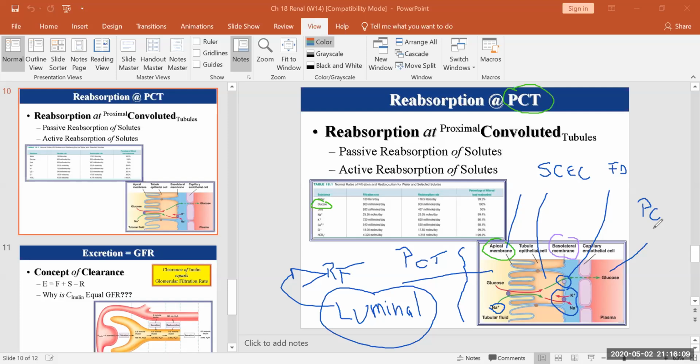So this is how glucose is reclaimed, being reabsorbed by the PCT, more specifically by the simple cuboidal epithelial cells lining the wall of the proximal convoluted tubule.